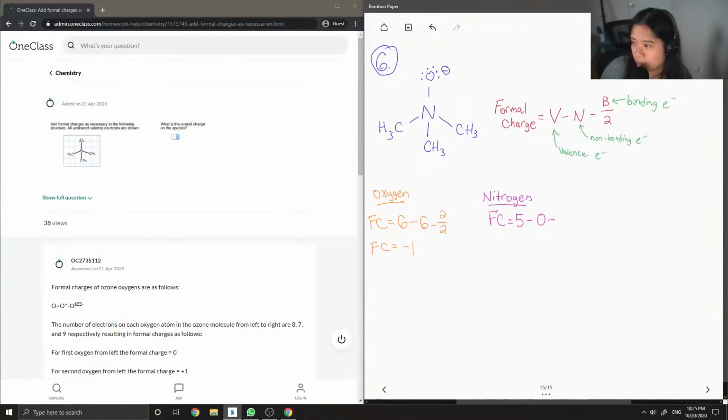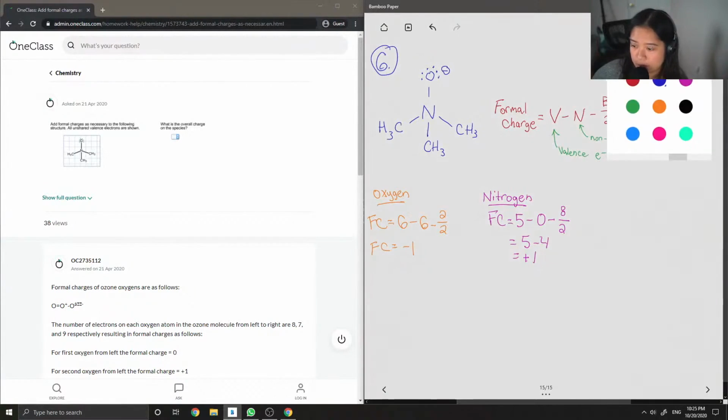And then if you count how many electrons are involved in the bonding, so in all the bonds, each one has 2, and there's 4 of them. So there are 8 bonding electrons divided by 2. So basically it's 5 minus 4. And then nitrogen has a +1 formal charge. So I'm also going to write that in. So everything makes sense so far.